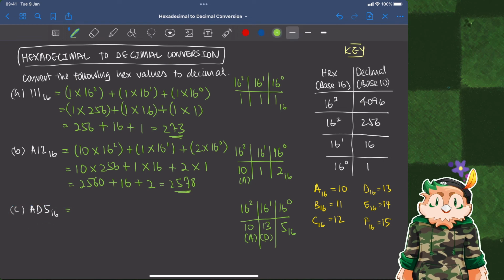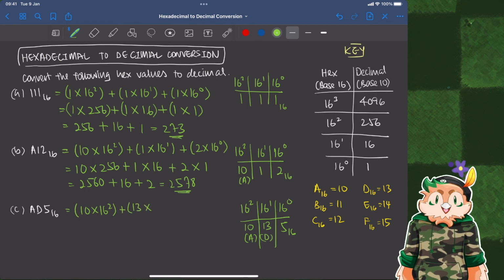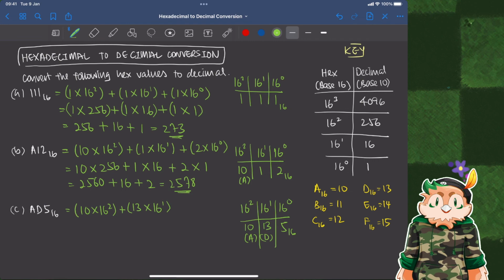Okay, so the first line should be 10 multiplied by 16 power 2 plus 13 multiplied by 16 power 1 plus 5 multiplied by 16 power 0.